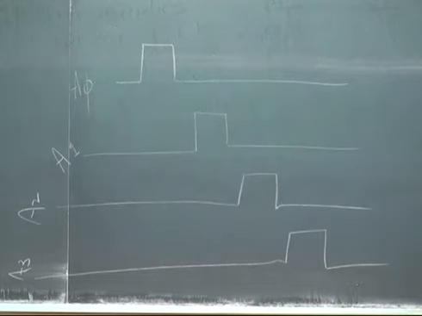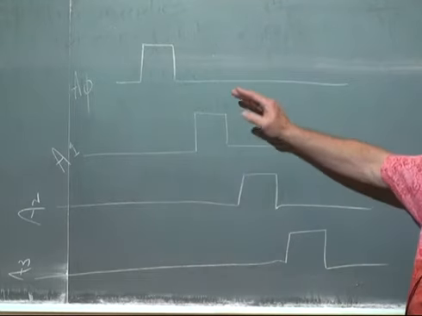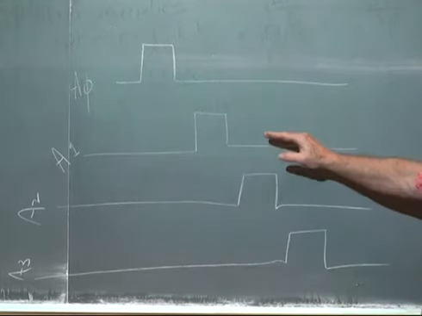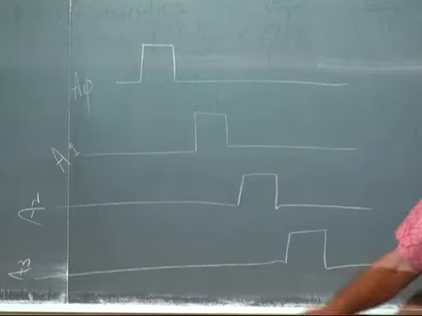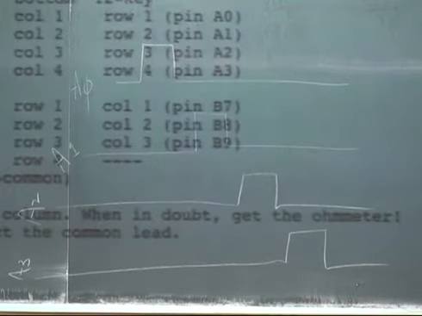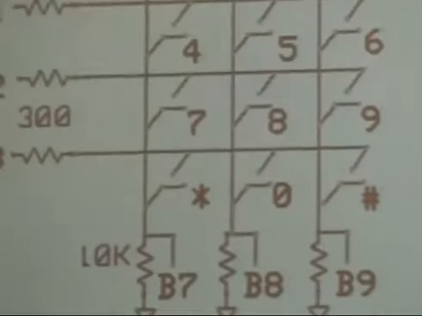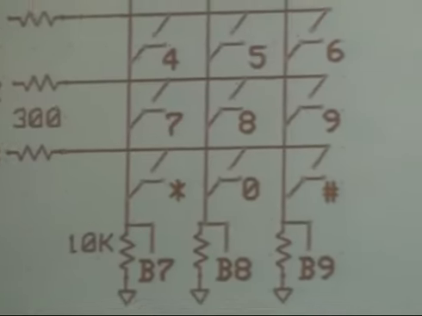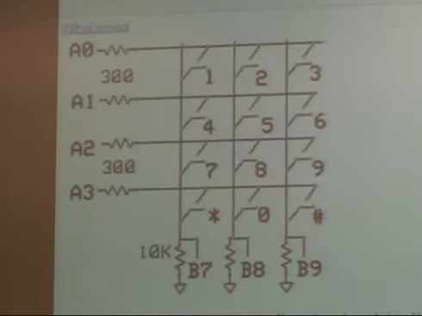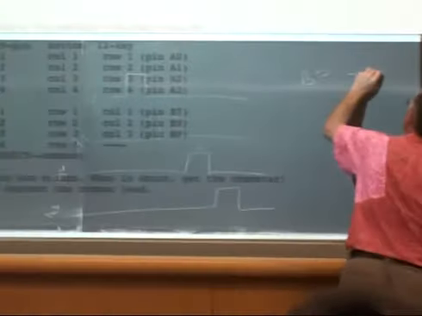So we're going to scan the line by setting each row high for a short amount of time. And during that time, let me put that back up at the top so you can see it. Then at each one of these points, we're going to read B7 through B9.